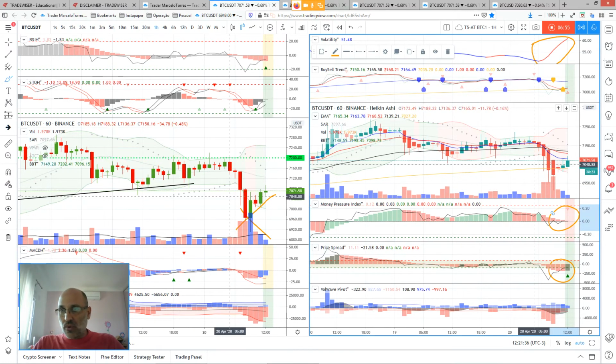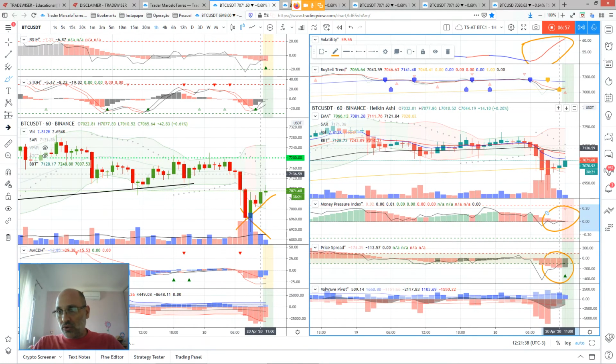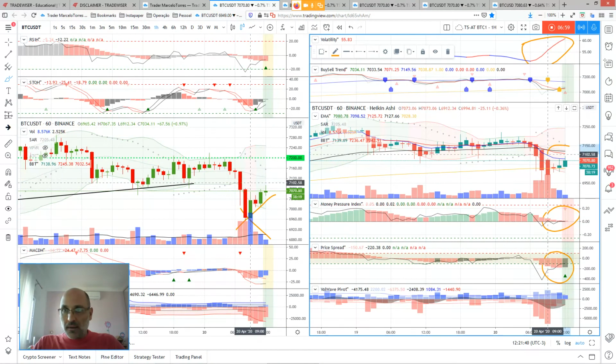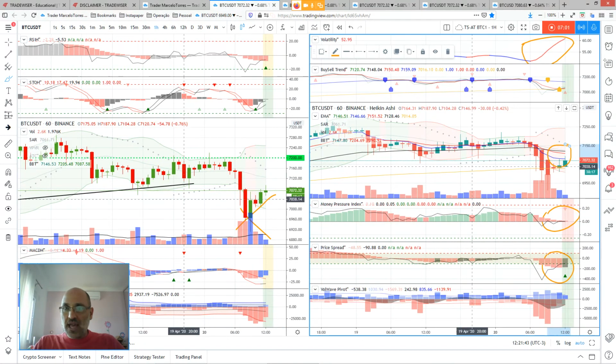On the right side here, we do have the exponential moving average lines. The blue line is the 10 period moving average, so this is the one that is holding the move for now. Let's see how that's going to keep on going.